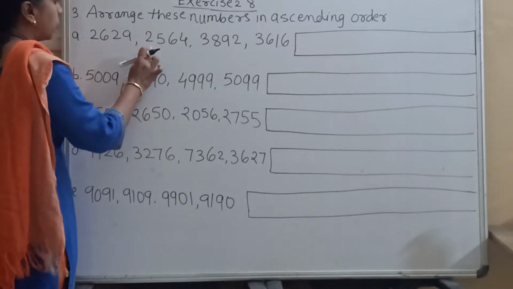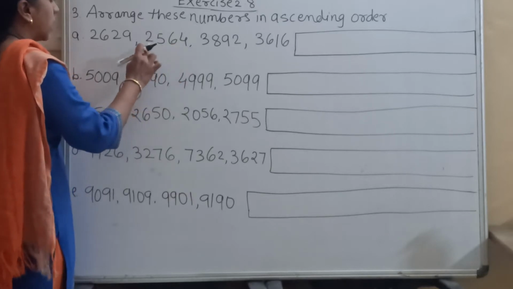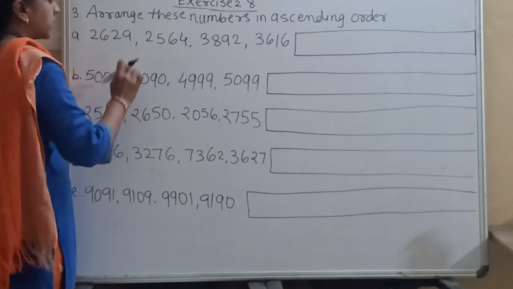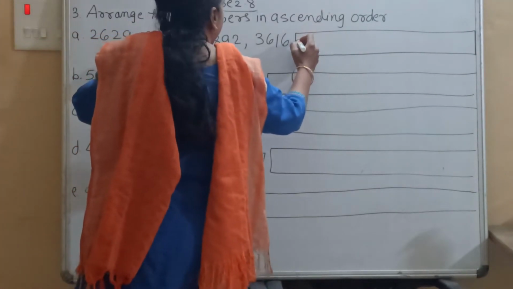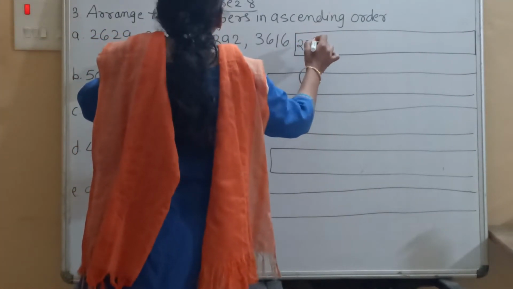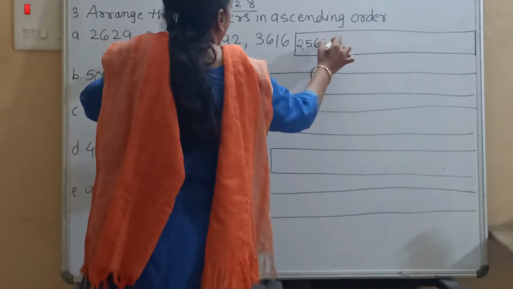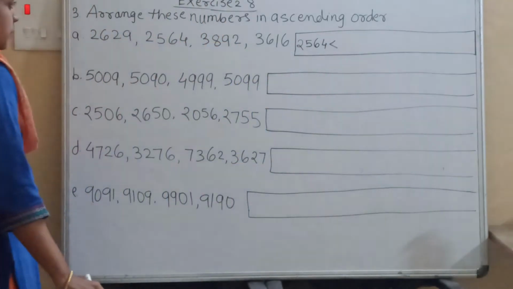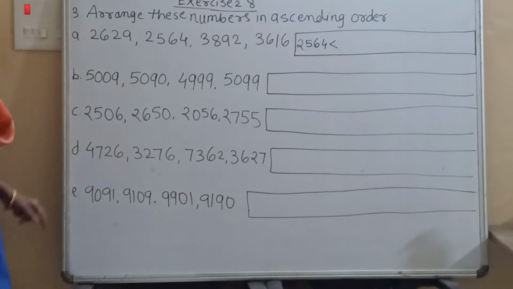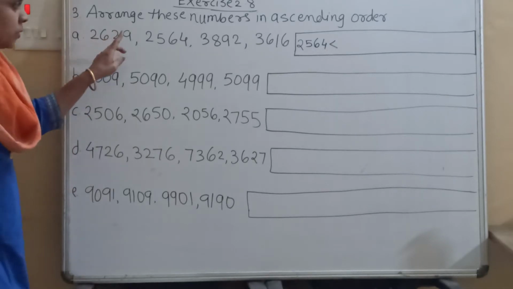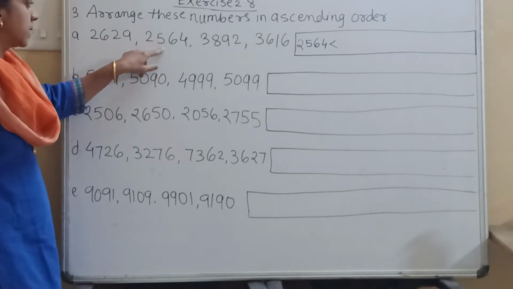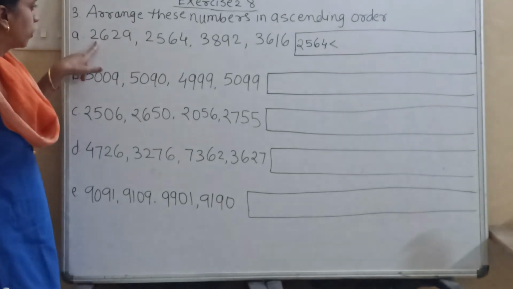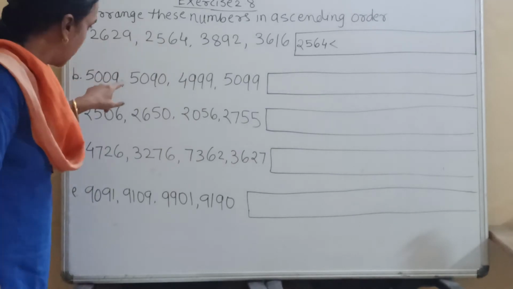2629 and 2564. So 2564 is the smaller number. So that number we will write here first. 2564. Then give this sign, less than sign. Then, see, this is the smaller number, and bigger than this number, which number is there? 2629.